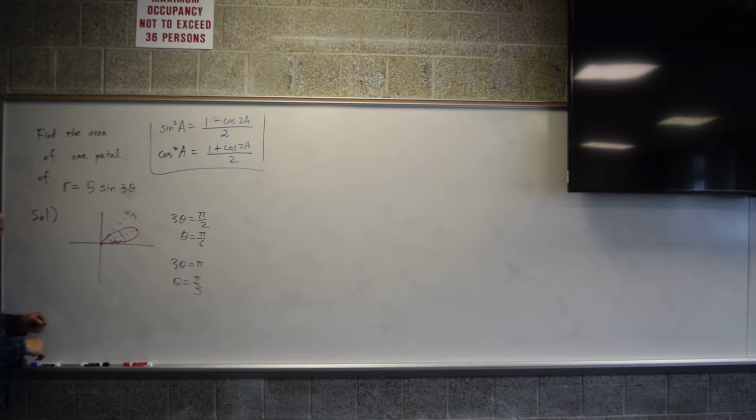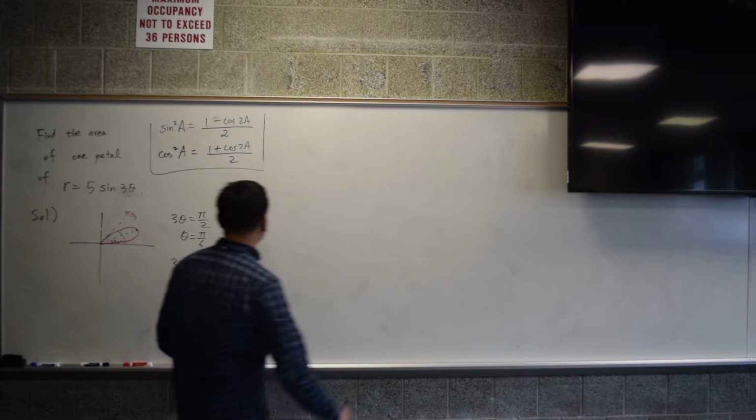So if you draw this for 0 through 360 degrees, it goes around this 3-petal rose twice. But since we just want the area of one petal, this is where you begin and end. You start from 0 and you end at pi over 3. That information would have been impossible for us to know unless we knew how to draw the graph. That's why knowing how to draw the graph is important.